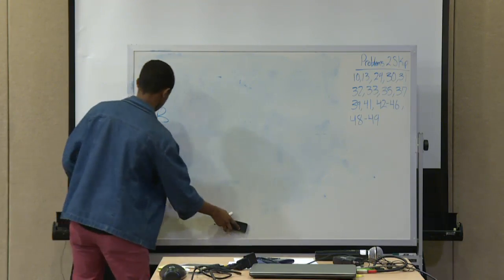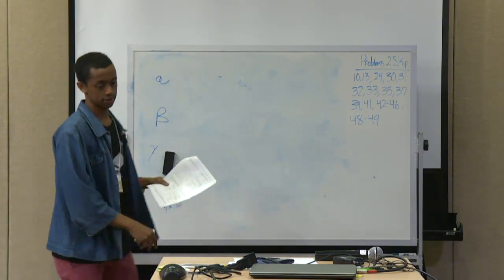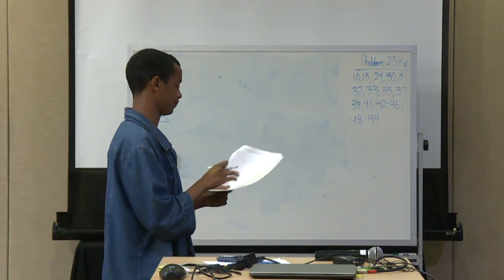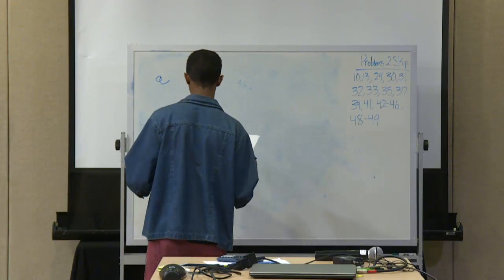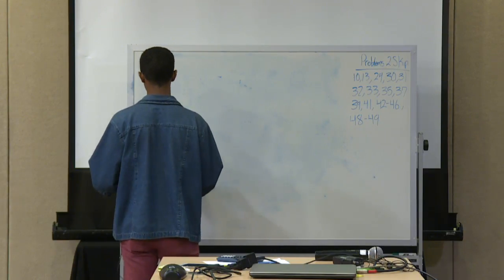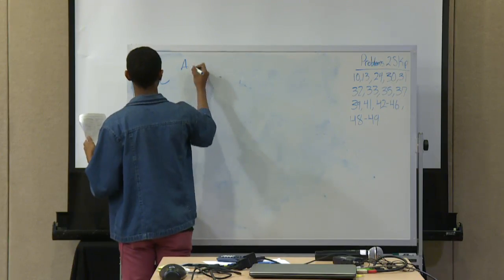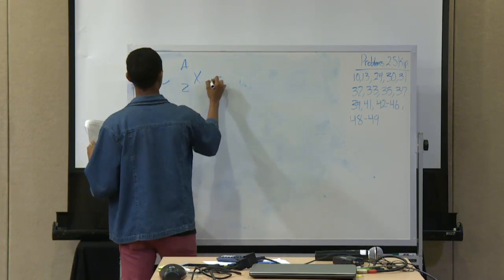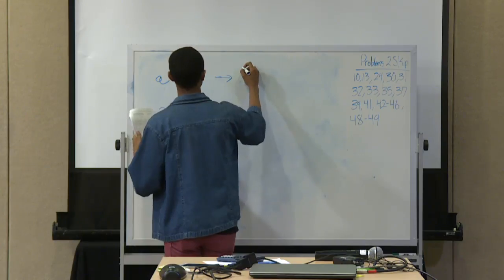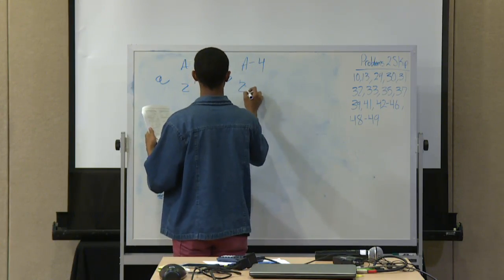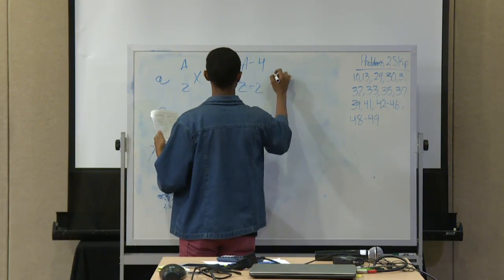Actually, no. Gamma is something. Here, let me write this down for you. I'm going to put it up here. So alpha is you have an atomic number and a mass, and it goes to the atomic number minus 2 and the mass number minus 4, and it's some new thing.